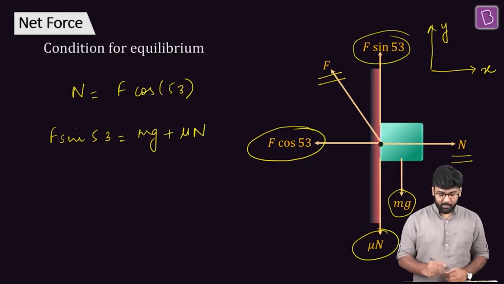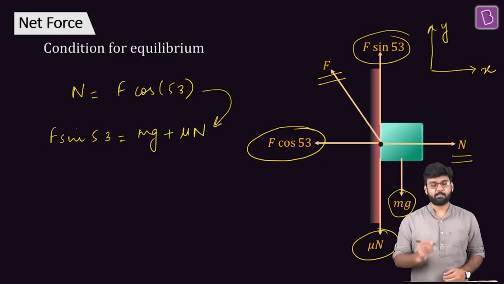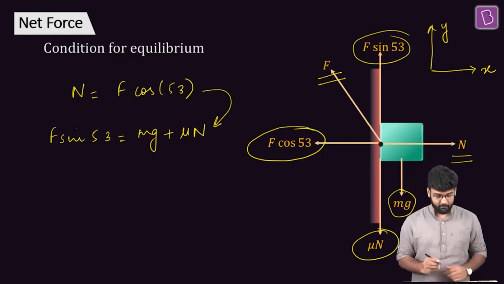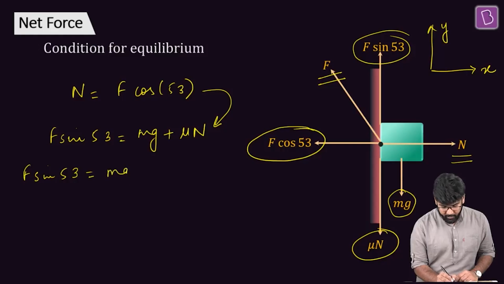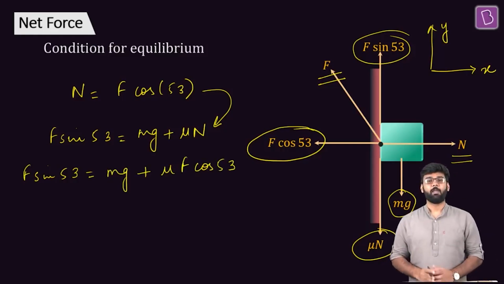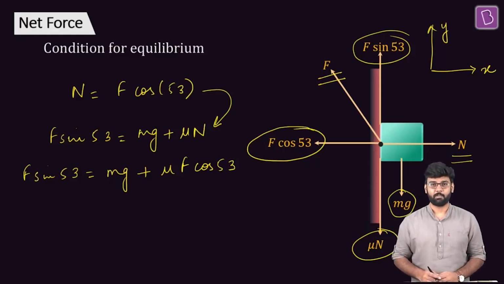So now we can substitute n from the first equation into the second equation. And when we do that, we get F sin 53 is equal to mg plus mu times F cos 53. And now in this equation, we know all the variables except capital F. So let's take the terms of F on one side and all the other variables on the other side.